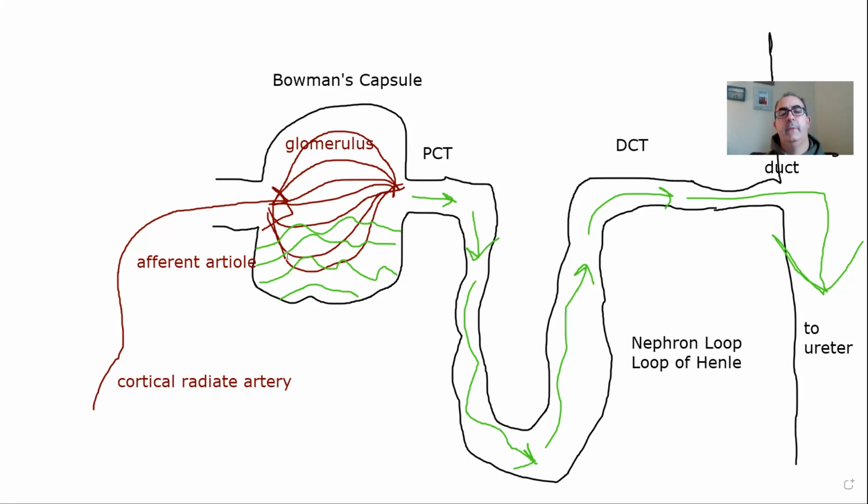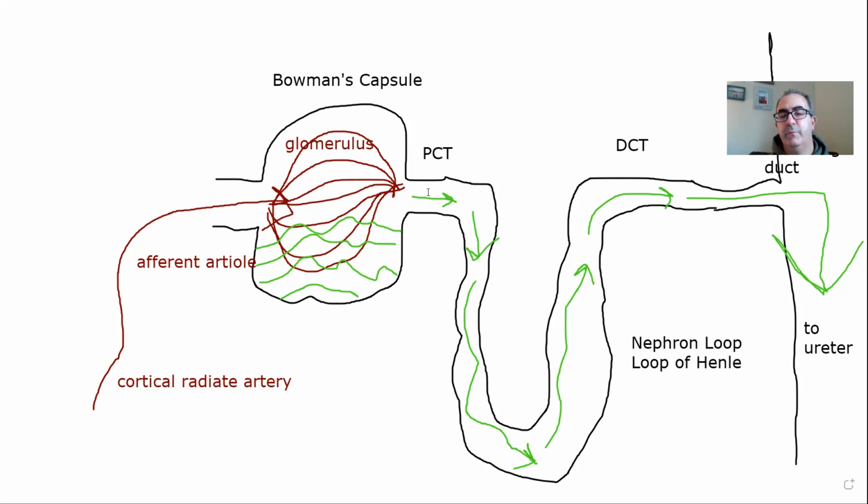So what's happening? Blood comes into Bowman's capsule, and it's in that glomerulus, which are capillaries. Those capillaries have very thin walls. The blood gets out of the capillaries and starts building up in Bowman's capsule.